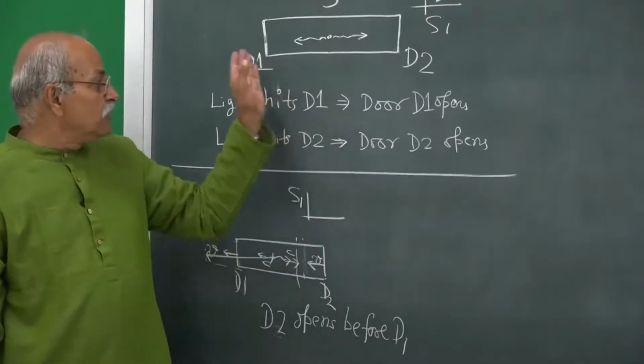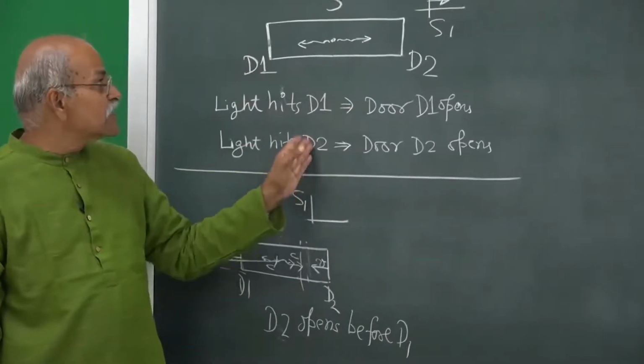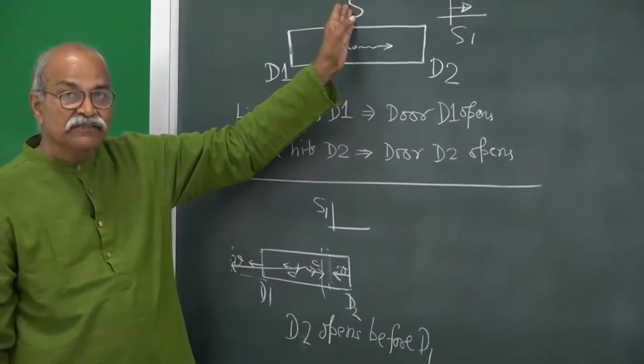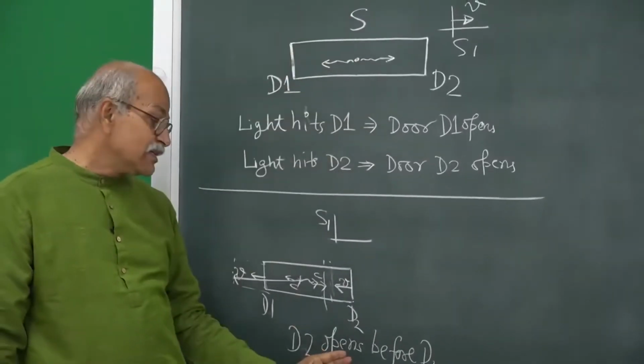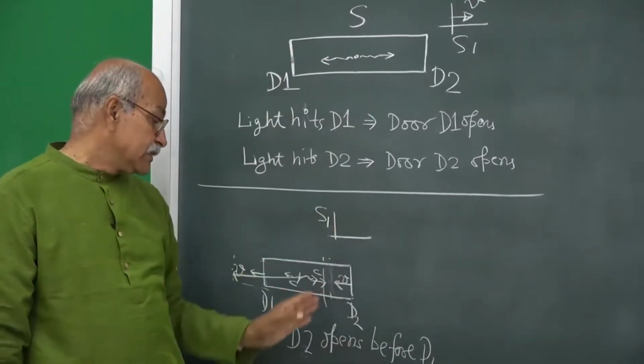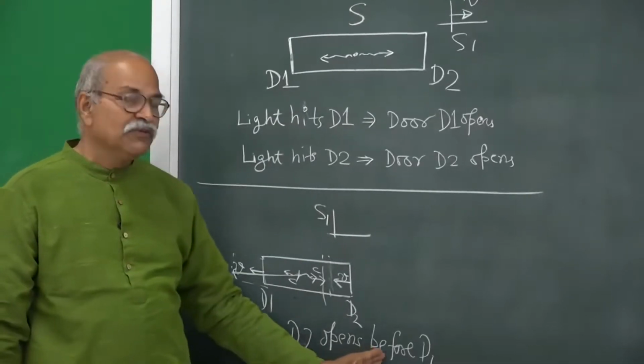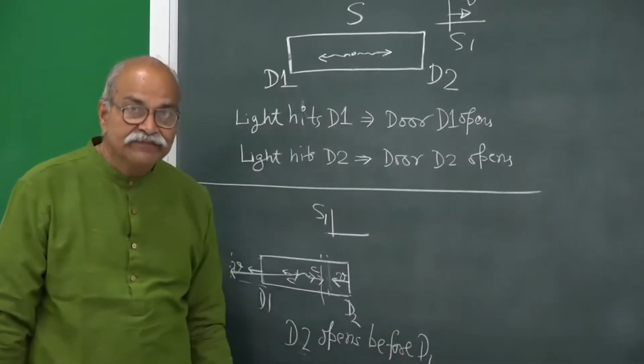So, the two events which are simultaneous in S are not simultaneous in S1. D2 opens before D1.